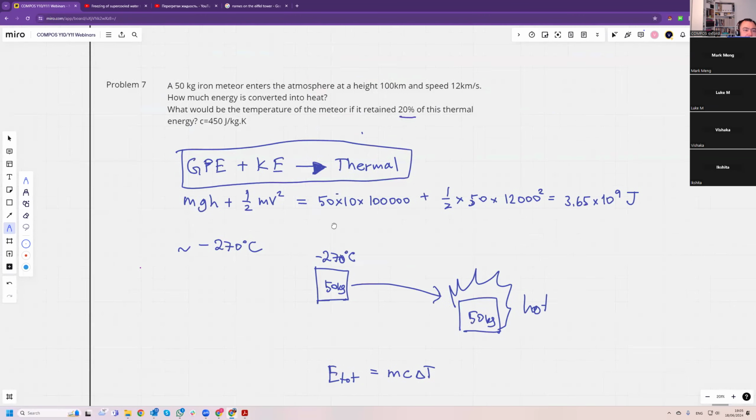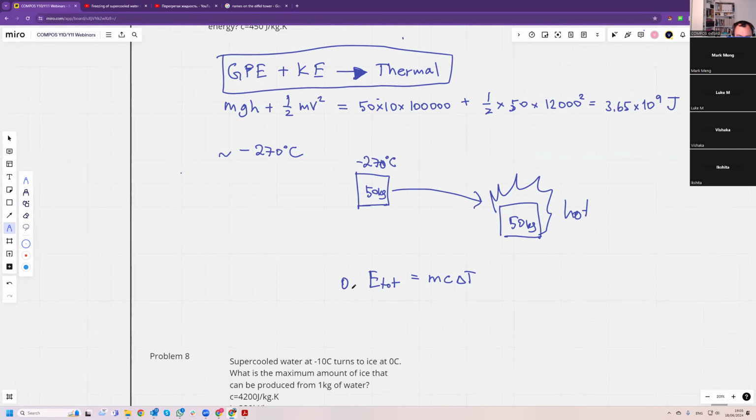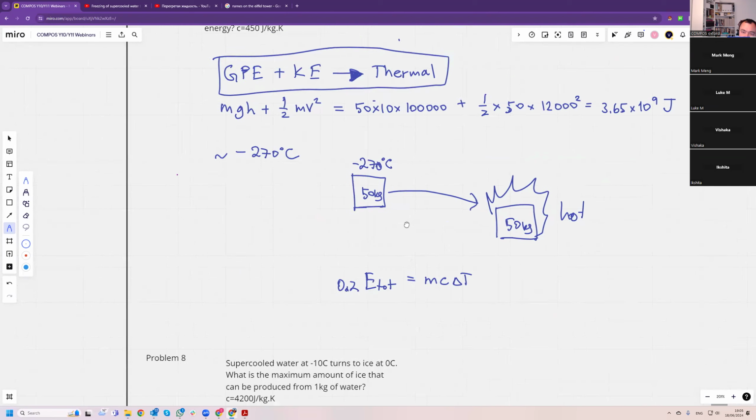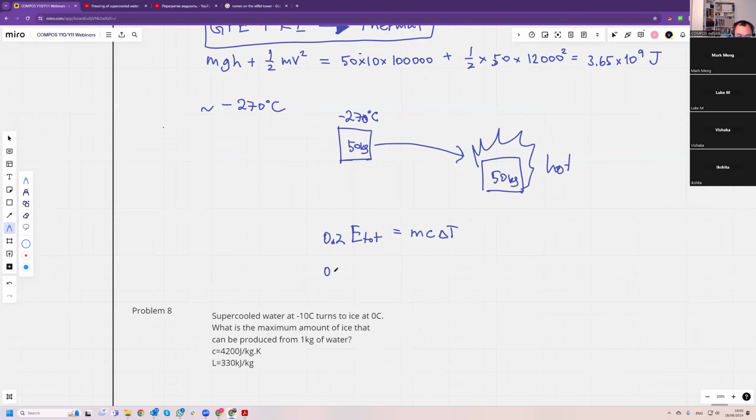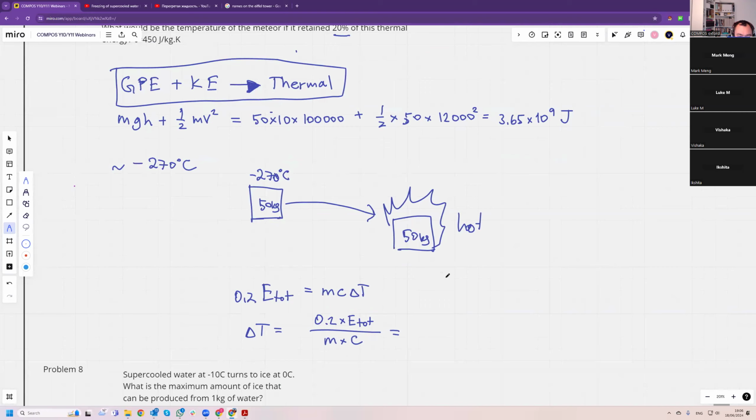But we say it's 20%, so it's only retaining 0.2 of the total energy. So the change in temperature is going to be 0.2 multiplied by the total energy divided by the mass times the specific heat capacity.